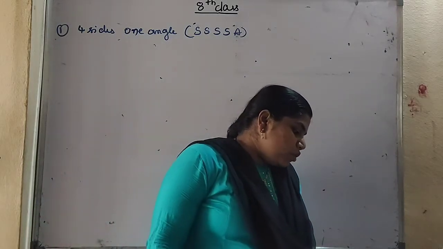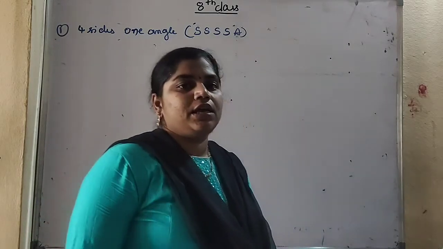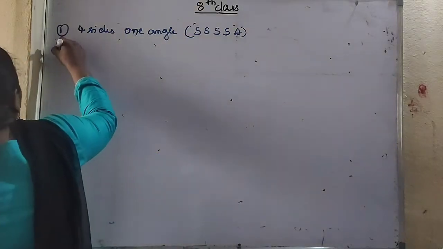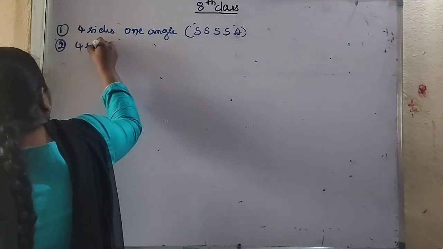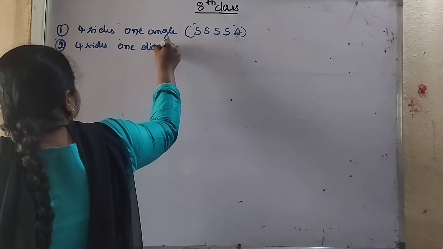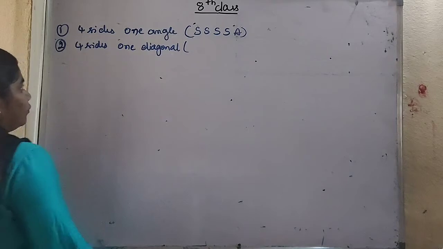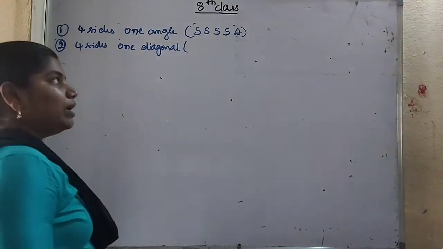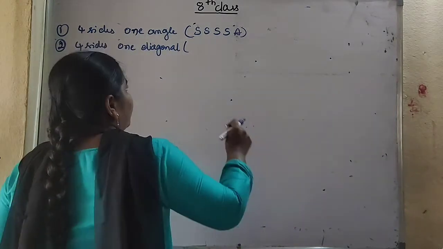Next one, when four sides and one diagonal are given. When four sides and one diagonal are given, then also you can form a quadrilateral.